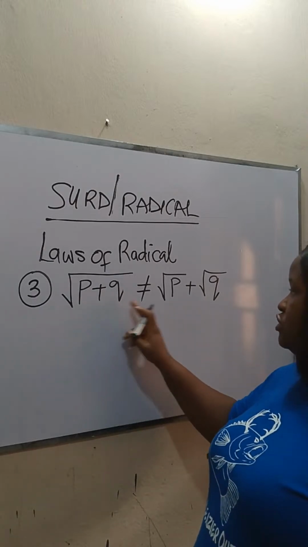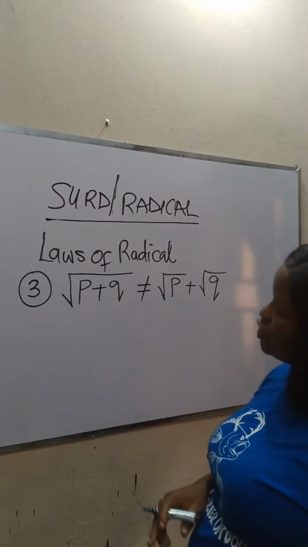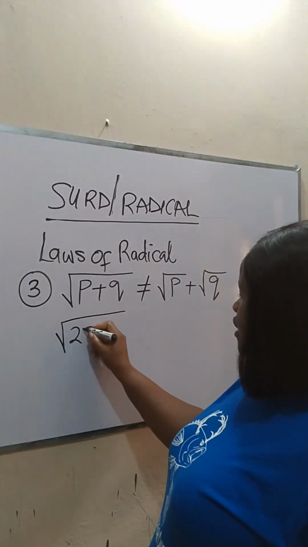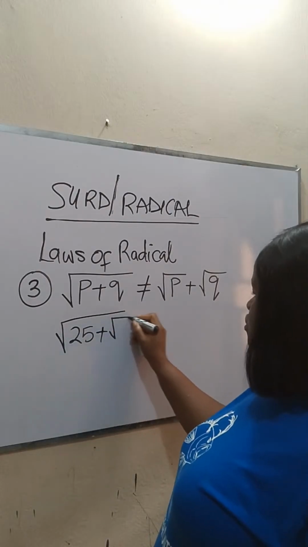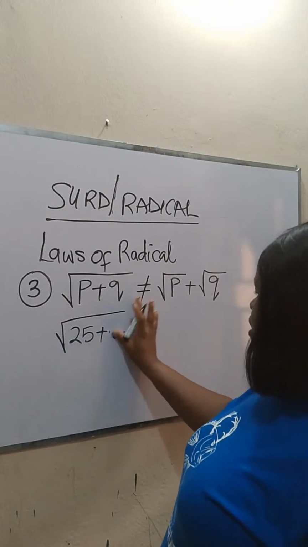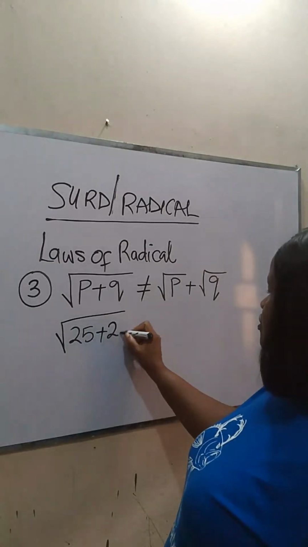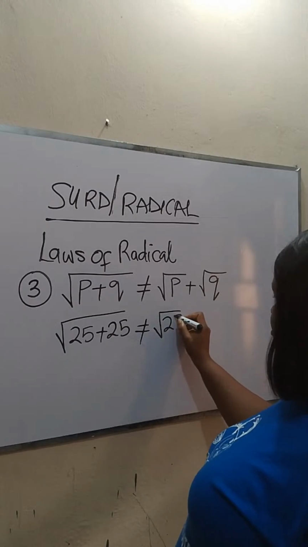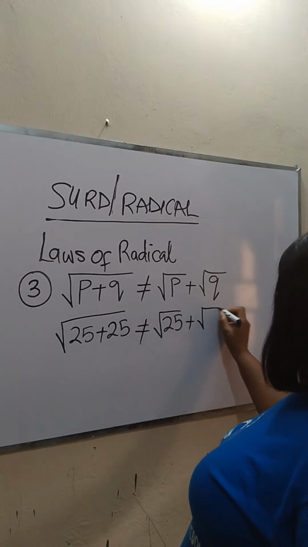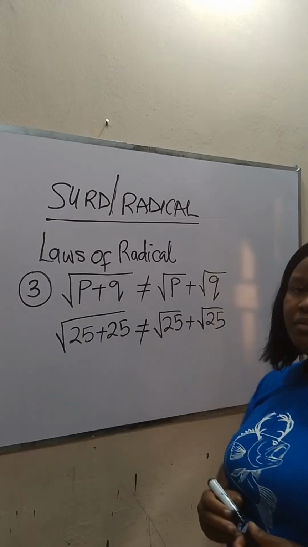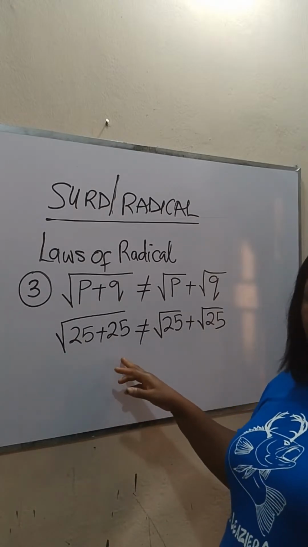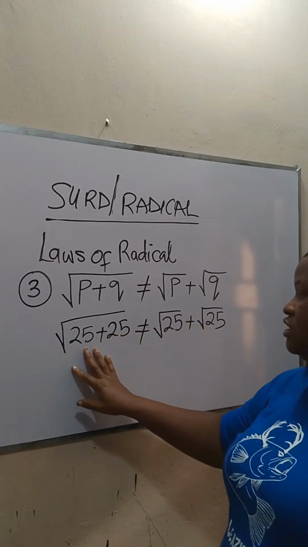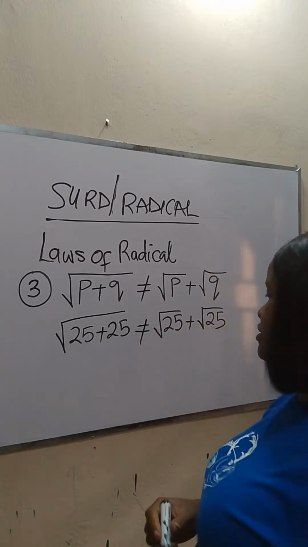Because you have p plus q, you can't say it equals square root of p plus square root of q. Let's take for instance square root of 25 plus 25, which is not equal to square root of 25 plus square root of 25. Now I'm going to show you that these two are not equal. Let's solve this individually and solve that individually and get the answer.